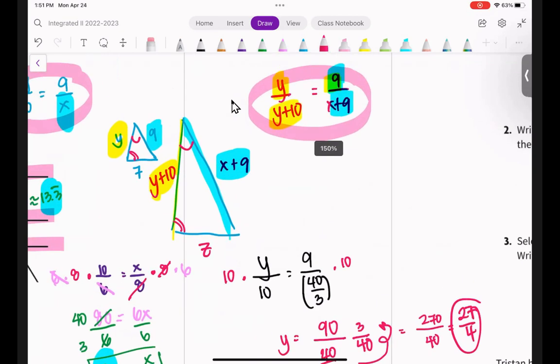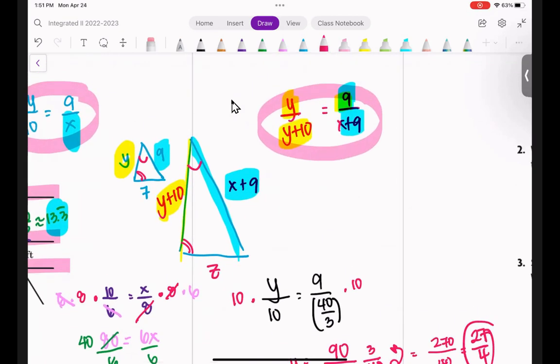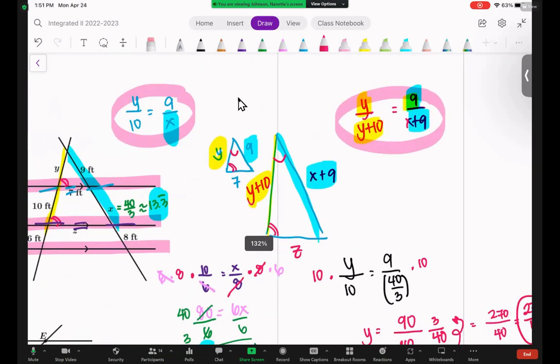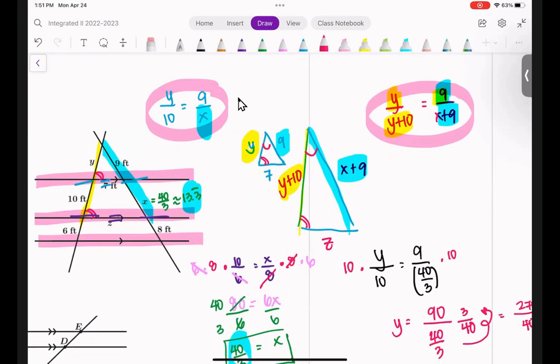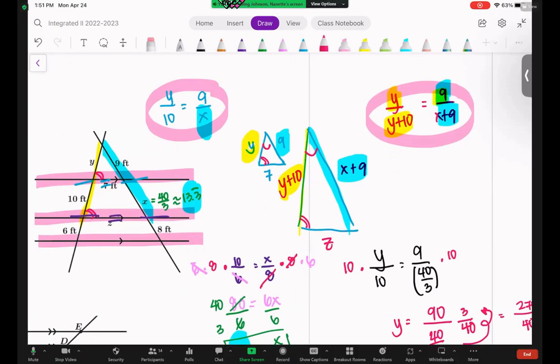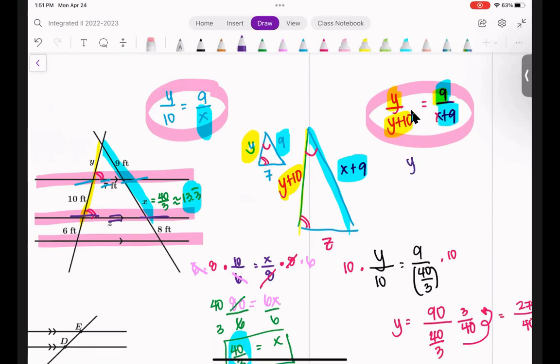Okay, for the z, you could have written z in many different ways because it's part of many different proportions. Okay, I'm just going to take this part of the proportion. So let's do y over y plus 10, which we already know what y plus 10 is, right? We already know what y is equal to, actually, no, I can't do that.